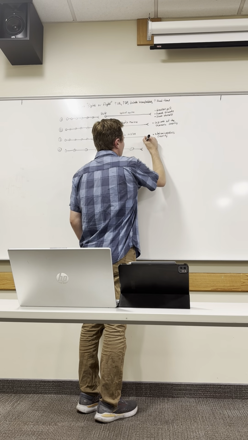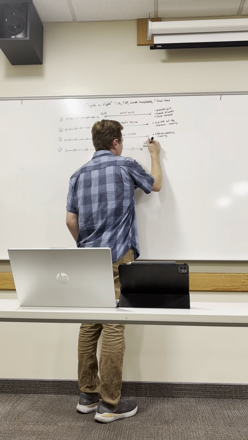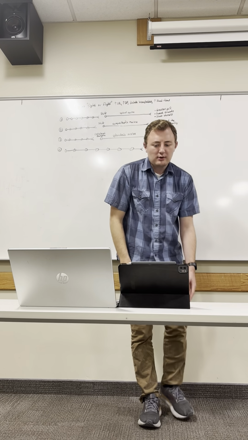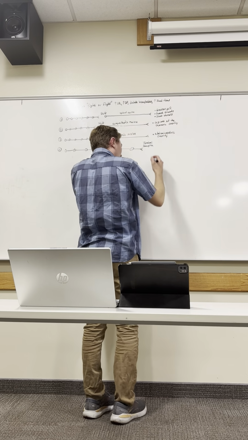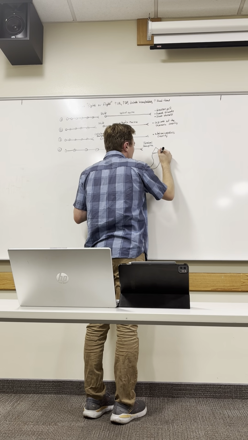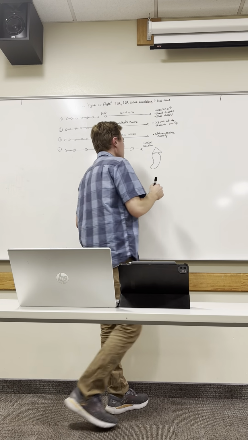We're going to go into something called the terminal ganglia. At the terminal ganglia, we are going to innervate something that we call the adrenal medulla. So the adrenal medulla sits on top of the kidney.